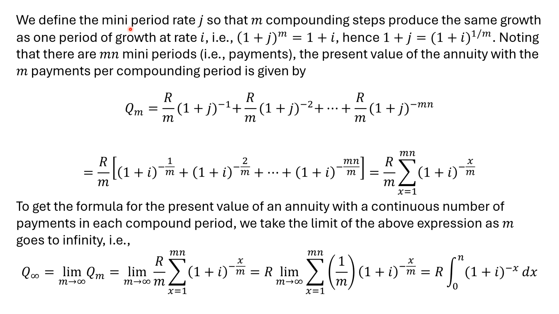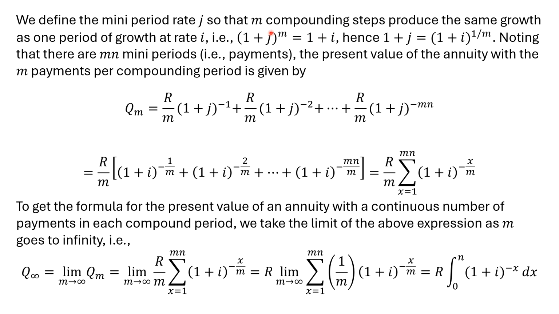We define the mini period rate j so that m compounding steps produce the same growth as one period of growth at rate I. So these mini periods, as we showed in the diagram, there's m of those for one of the regular periods, and the formula that we've looked at before is we want to have 1 plus j to the m equals 1 plus I to the 1 power.